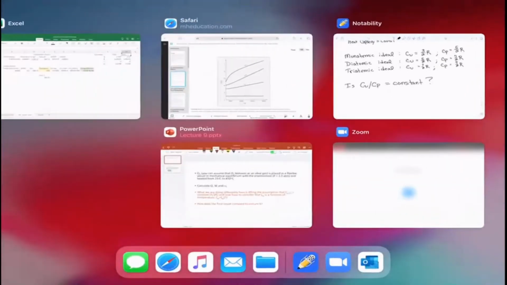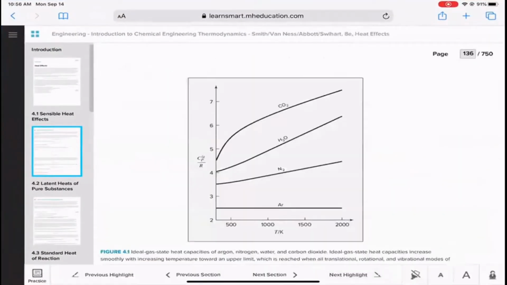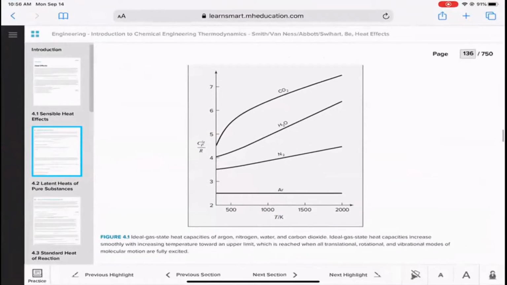In chapter 4, figure 4.1 plots the constant pressure heat capacity as a function of the temperature in Kelvin. And one of the things that you can see here is argon, a monatomic ideal gas, where you just store energy in terms of motion.